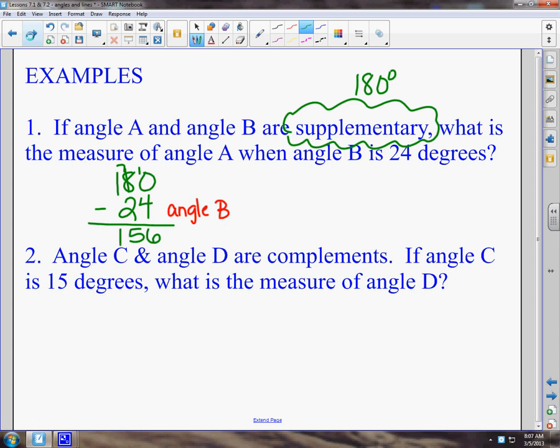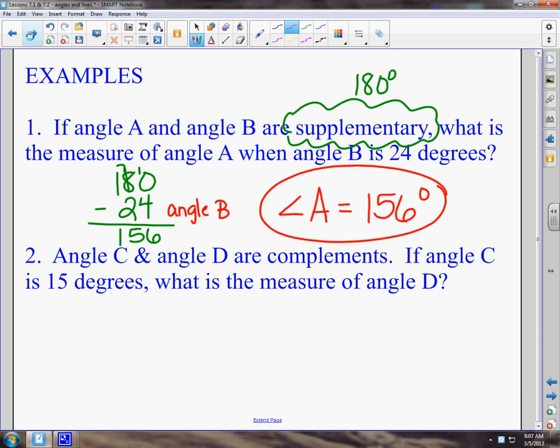So then I get 156. So angle A, you can also write it like this, that little angle sign with an A, equals 156 degrees.